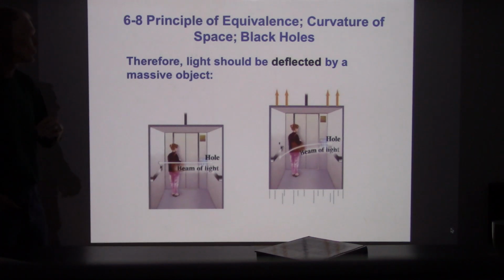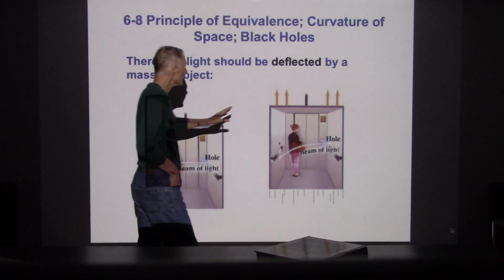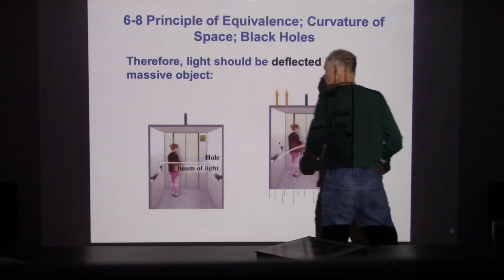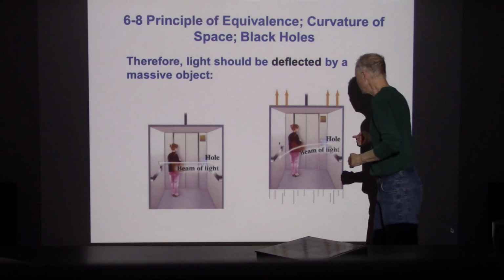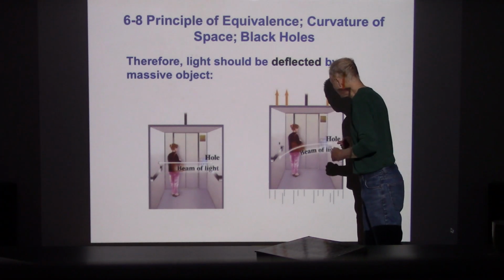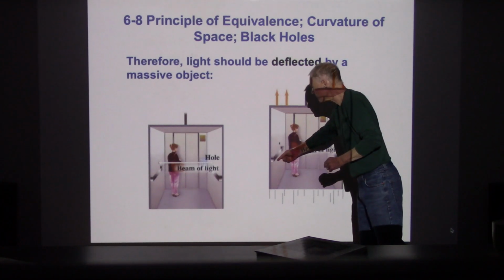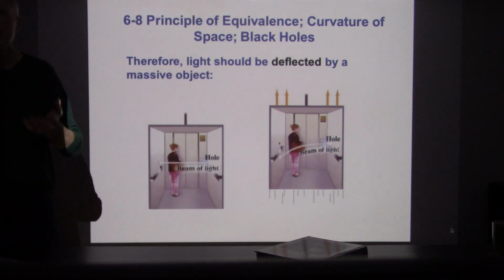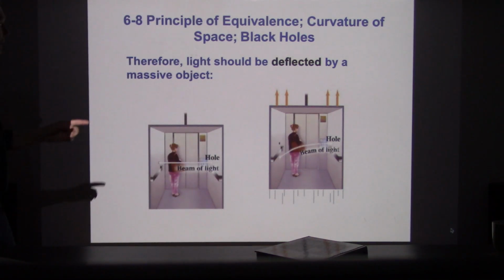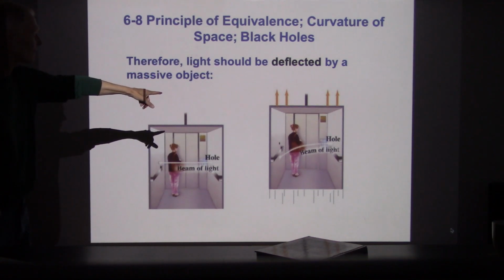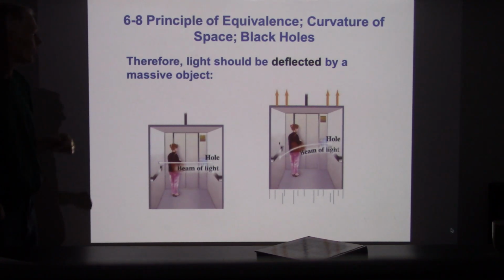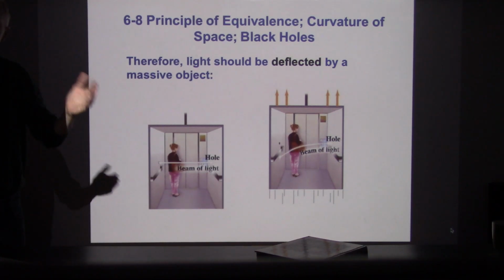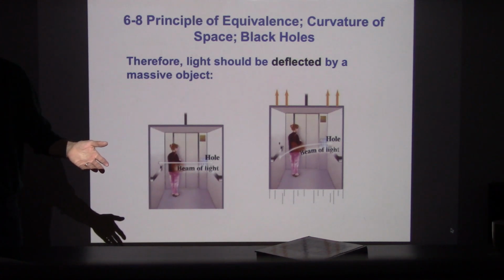One of the predictions from that said, look, if an elevator were accelerating and we had light coming into the elevator, within the elevator itself, it would appear the path of the light is bent. And so Einstein used this to predict that gravity would have the same effect. Because within an accelerating reference frame, the path of a beam of light would be observed to be curved due to the acceleration.